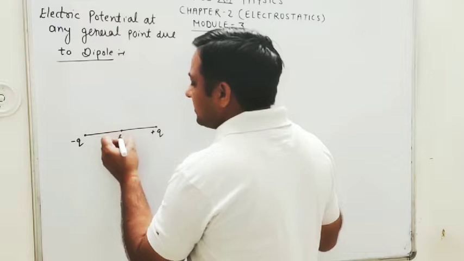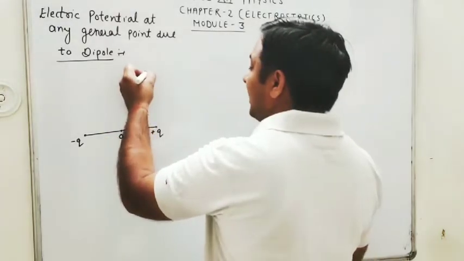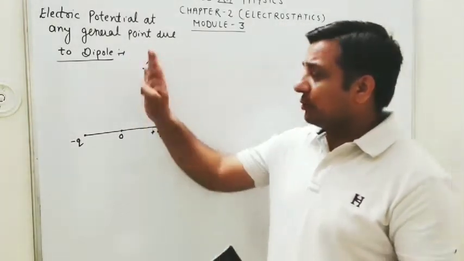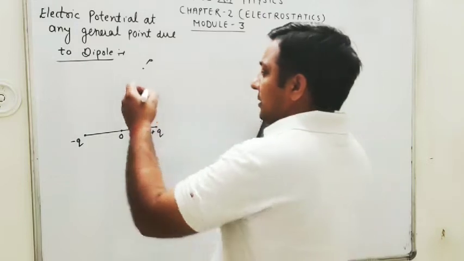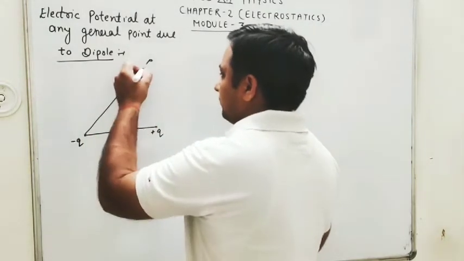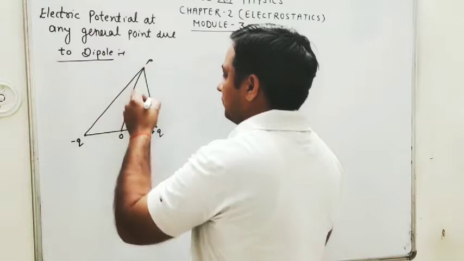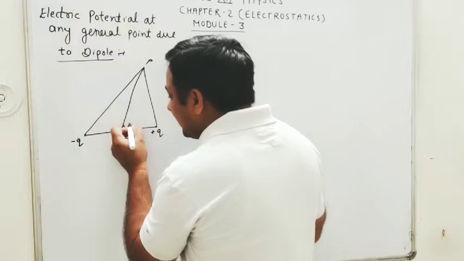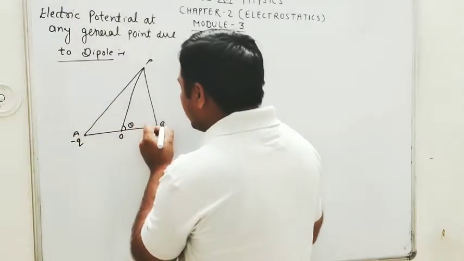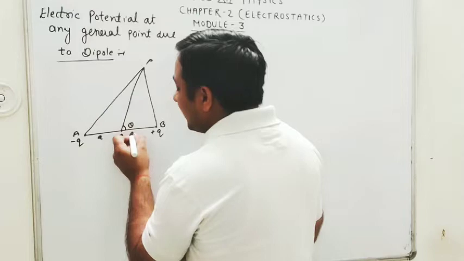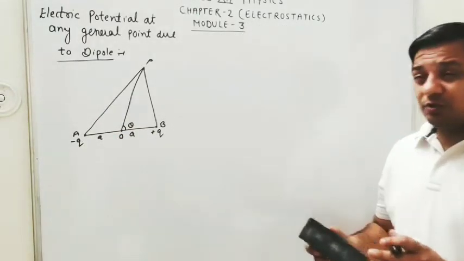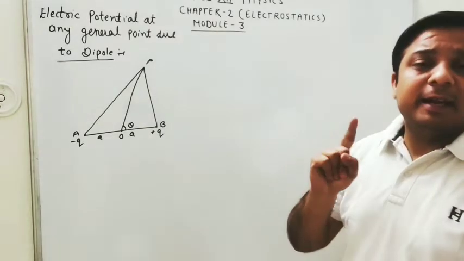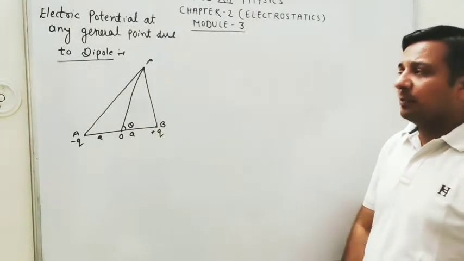And at the center, this is point O. And here, we will consider a general point P, not exactly on the equatorial line, like this. And this is theta. This point A, this point B. So, dear student, we will find out electric potential at point P due to this dipole.